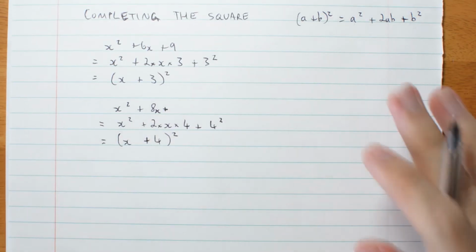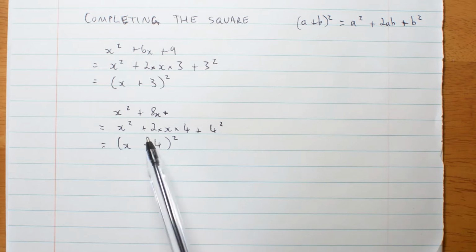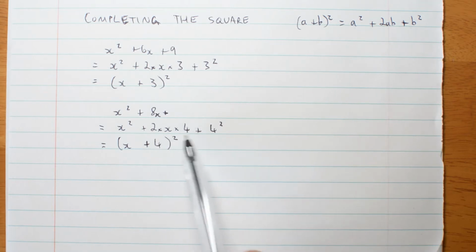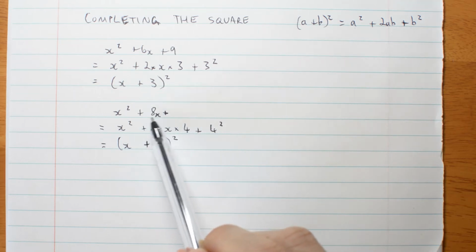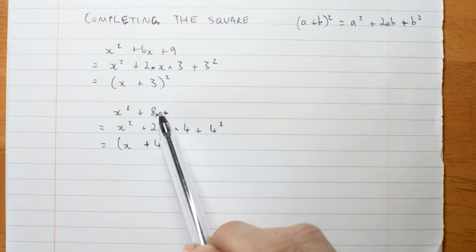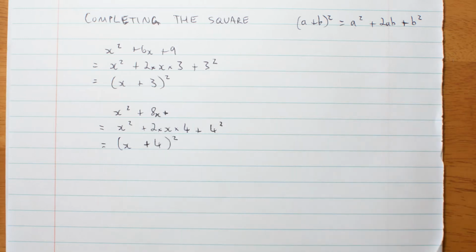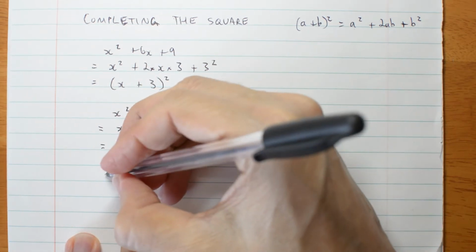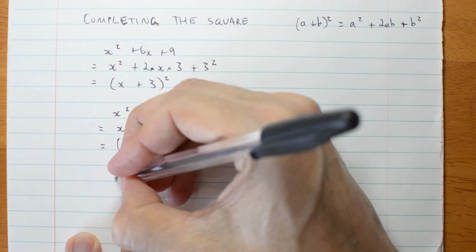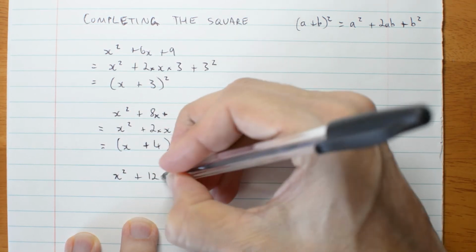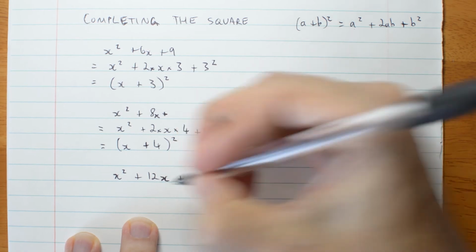Now there is a trick to this. This is 2 times x times the thing I want. So this thing I want is always this divided by 2. Always. So let me try one more that way. X squared plus 12x plus something.